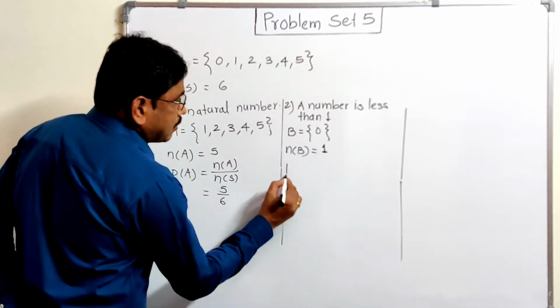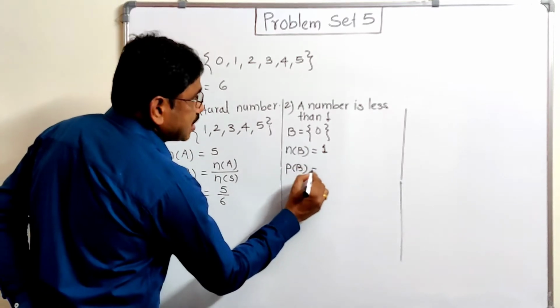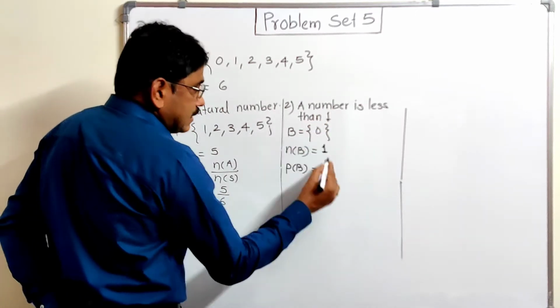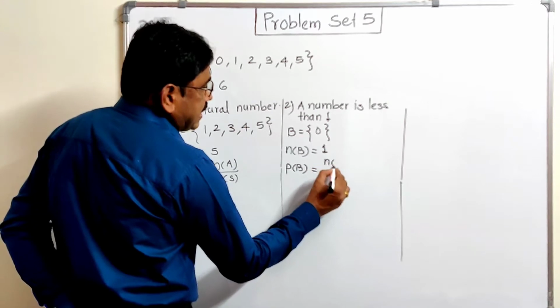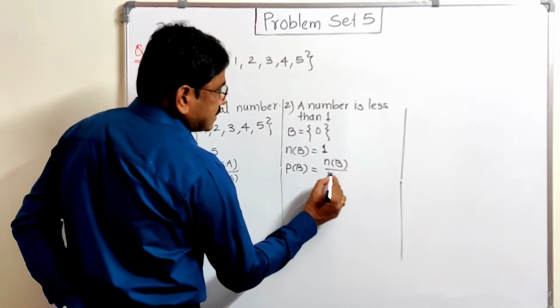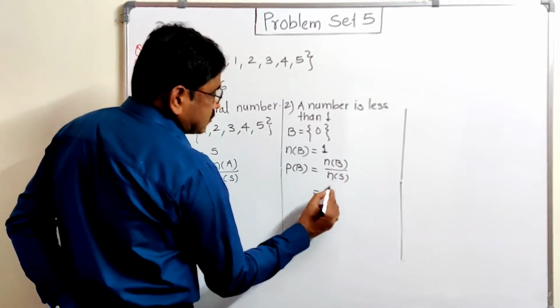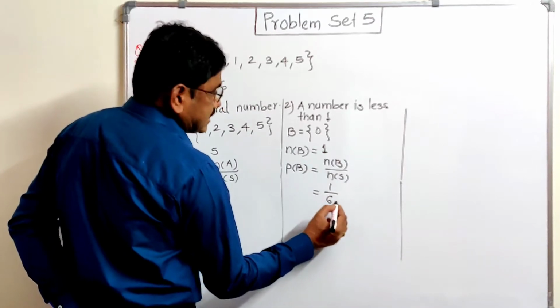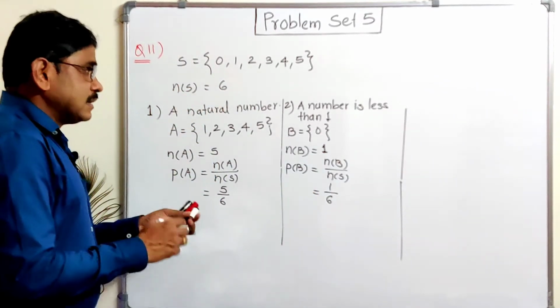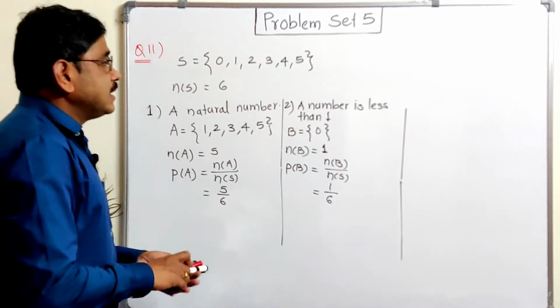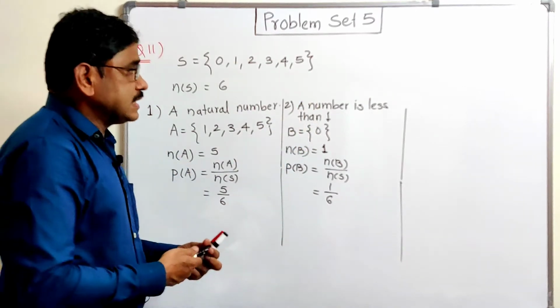And therefore probability of set B is equal to n(B) divided by n(S). That is the formula for probability. So we get 1 divided by 6. So this is the probability that the number on the card is less than 1.